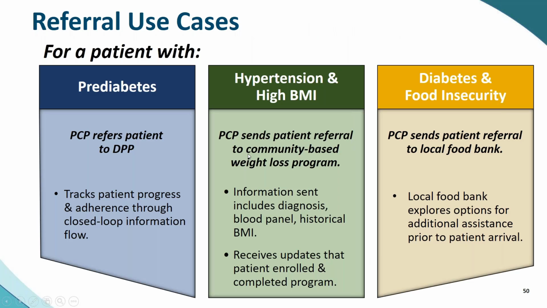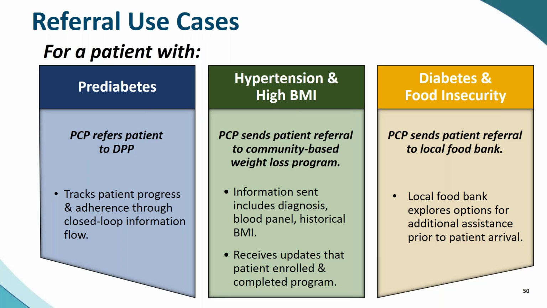So let's look through use cases. We just gave you a great use case, referring a patient with pre-diabetes down the street or to your local diabetes prevention program. You can track the adherence. If that DPP that received that referral updates the patient status like they should, you're going to know that that patient's adhering as a primary care provider. You're going to know that they've shown up, they're doing what they need to do.